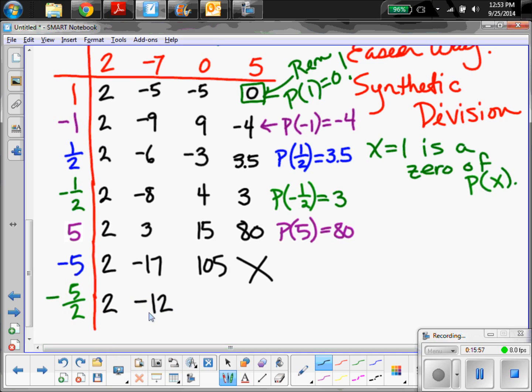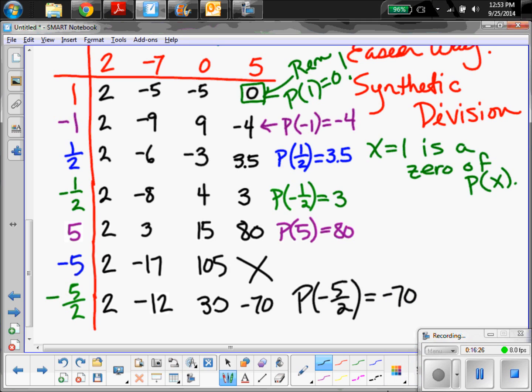Negative 12 times negative 5 halves is 30. 30 plus 0 is 30. Okay, 30 times negative 5 halves is negative 75. Negative 75 plus 5 is negative 70. Okay, so negative 5 halves is not a 0 either, but I do know that P of negative 5 halves is negative 70.